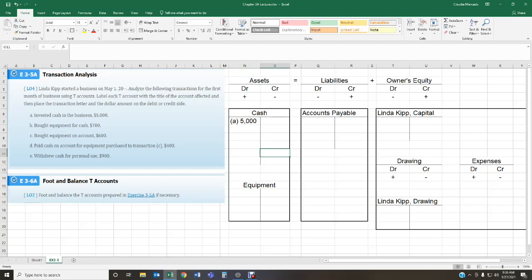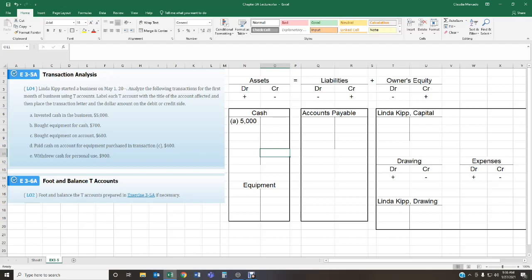Now, what happened in addition to the business receiving $5,000? Well, Linda invested money, so now she has an investment ownership share in the business. Okay, so she invested her money. Now she has some capital in the business. Okay, so now we have to record the capital component of the transaction.